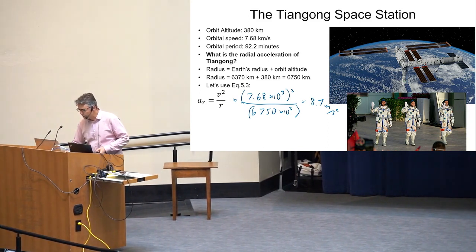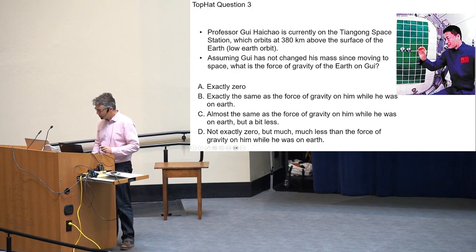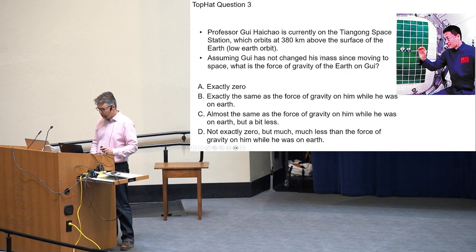So my question for you, I guess, let's do a couple of questions. This is one of the astronauts that's on Tiangong, Professor Gui Haichao. And assuming that Gui has not changed his mass since he moved to space in the summer, what is the force of gravity of Earth on Gui?